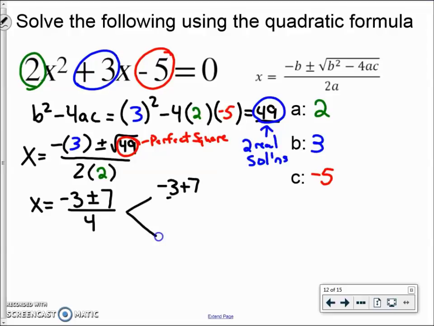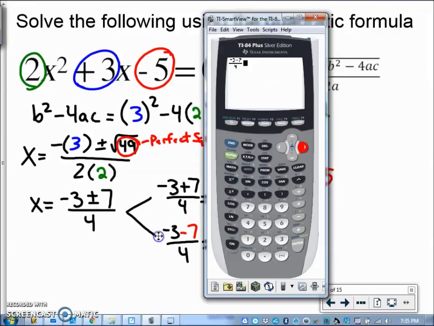-3 plus 7 over 4 will give me 4 over 4, which is equal to 1. On the other hand, I'm going to have -3 minus 7 over 4. And since I'm using a lot of negatives, I can also use my calculator to calculate.